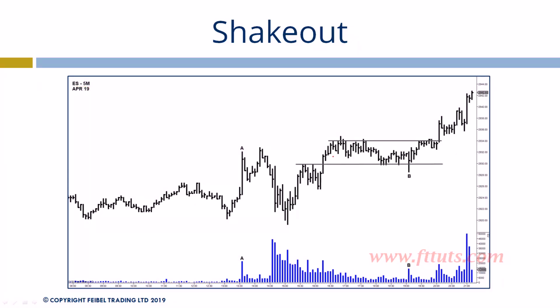Price, as we can see, is contained within a trading range. And we have been here, say, for 3 hours or so. Then boom, look what happens. B breaks down to reverse and close back above support with a clear surge in volume.